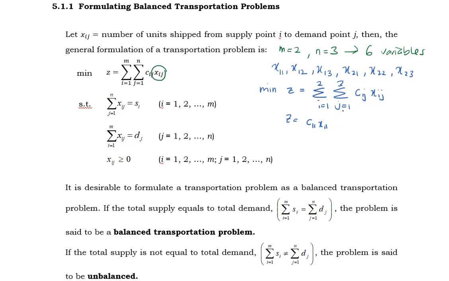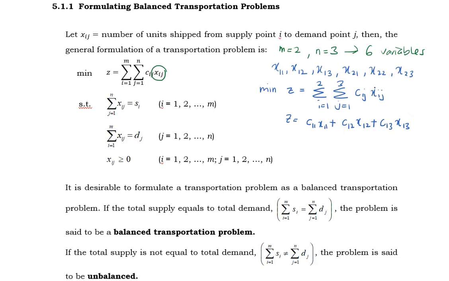Now j becomes 2, so plus c12 x12. Now j increases to 3, so plus c13 x13.